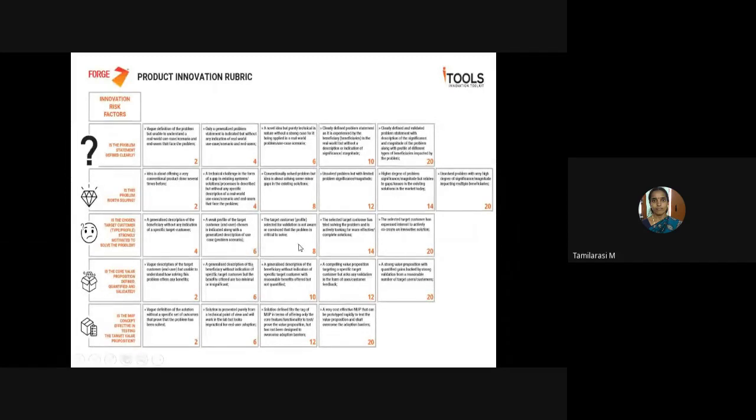If you know the specific customer of your project, you can go for 8, 14 and 20, based on which one is matching exactly.